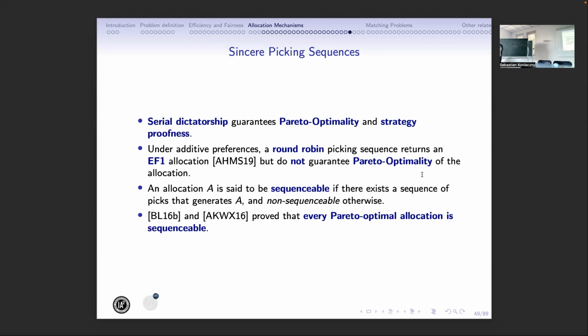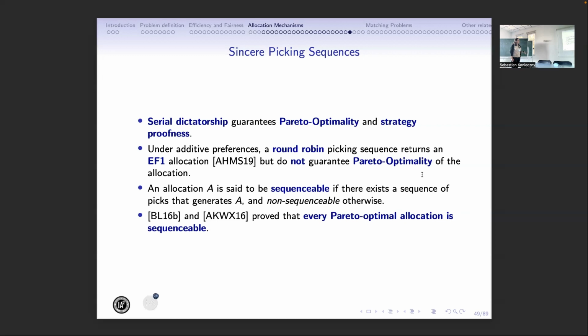Okay, so we have seen that in round-robin picking sequences, we don't have the guarantee of Pareto optimality. But in fact, we can define a type of allocation which is said to be sequenceable. An allocation is said to be sequenceable if it can be obtained by a picking sequence.